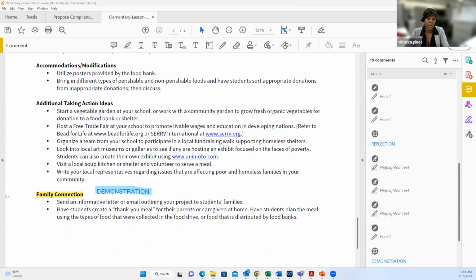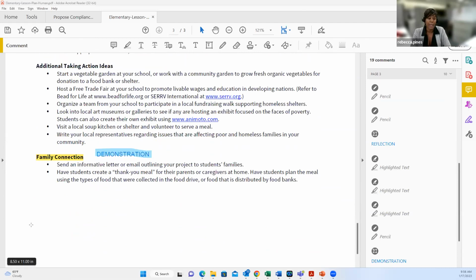And then finally, the demonstration part, or demonstration or celebration, is the last component within the RFA that has to be included in your service learning. And this one is a family connection. Send an informative letter or email outlining your project to the students' families, or you can have them create thank you meals for the parents or caregivers at home, or have the students plan a meal using the types of foods that were collected in the food drive.